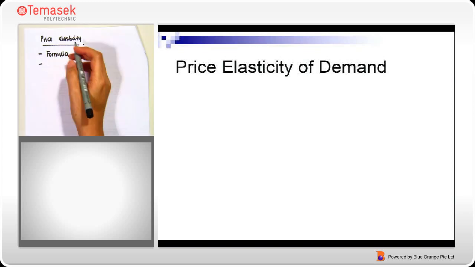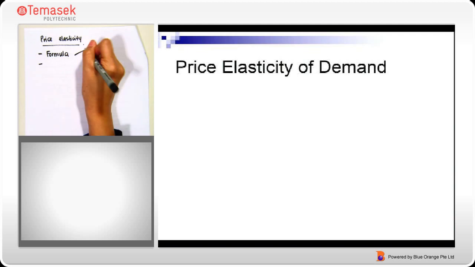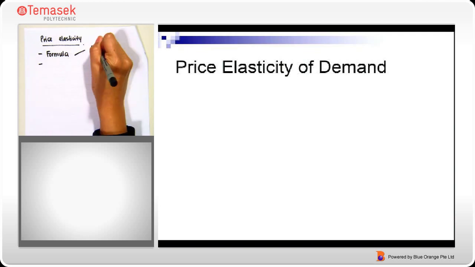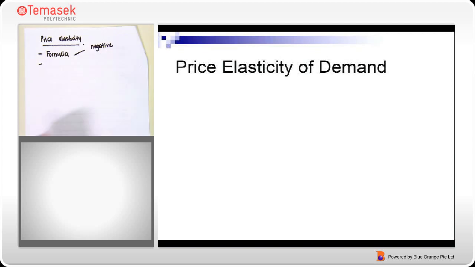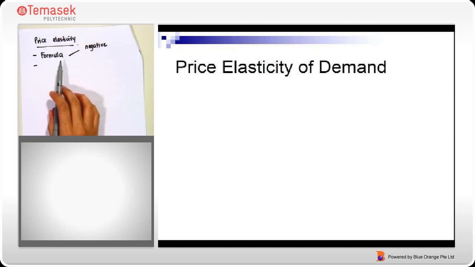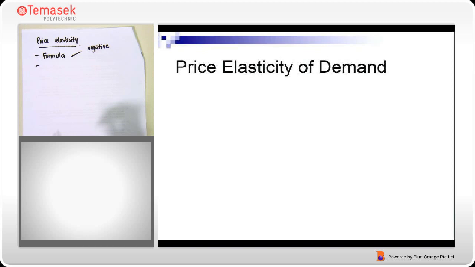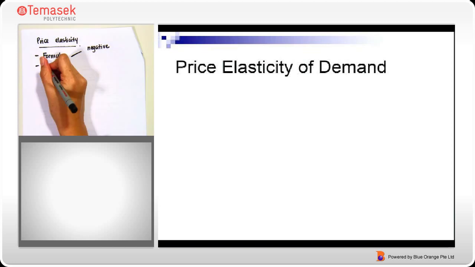So you will need to be able to calculate price elasticity of a particular good. Now, price elasticity always gives a value that is negative because of the law of demand. The price elasticity value is always negative. So we will need to classify.